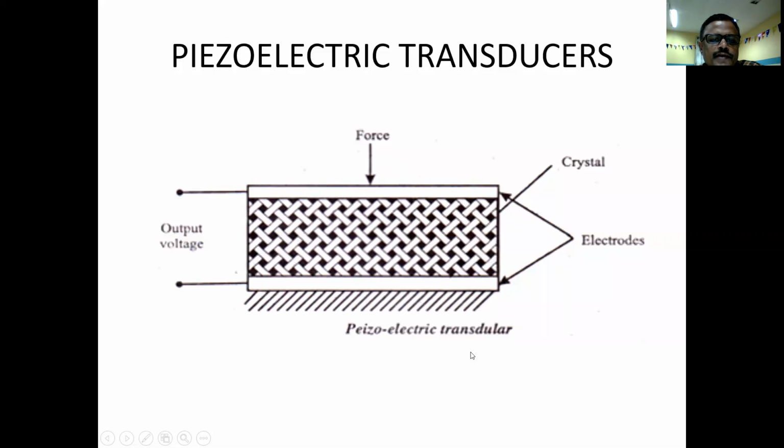And even if it is subjected to voltage, the crystal-like material starts vibrating. So this is known as the piezoelectric effect, and the corresponding material is the piezoelectric transducer. So we are converting force, which is one type of variable, into an electrical quantity. That is exactly the meaning of transducer.